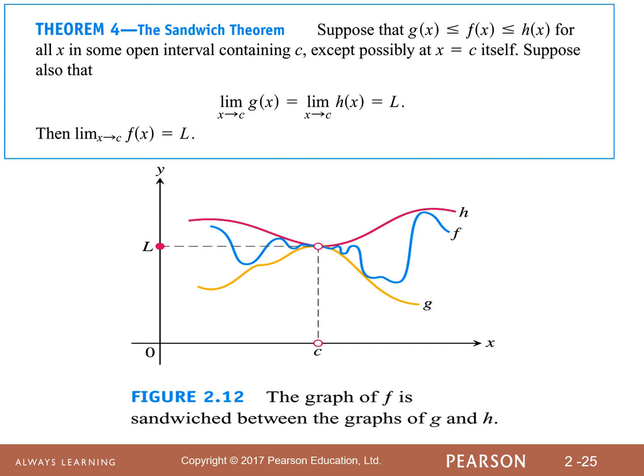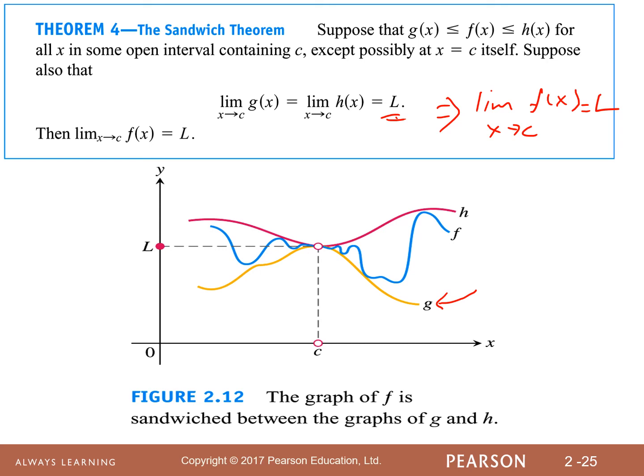Then, if we take the limit of g of x as x goes to C, if we take it as equal to L, and we took the limit of h of x as x goes to C is also equal to L, that implies that the limit of the function f of x as x goes to C is also equal to L. Sandwich.